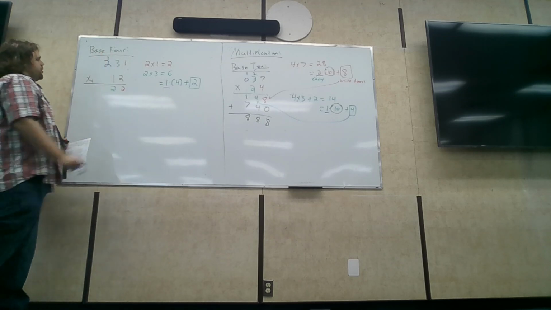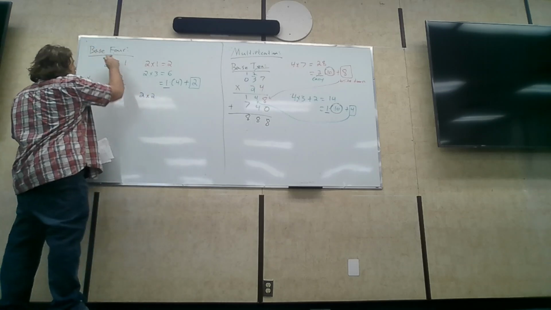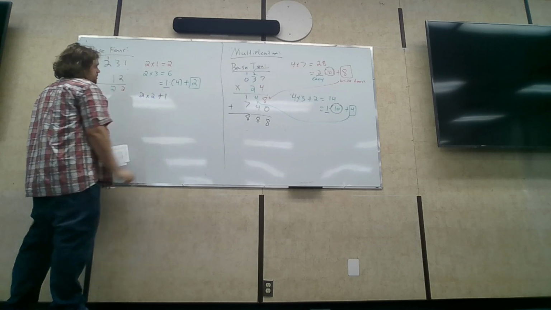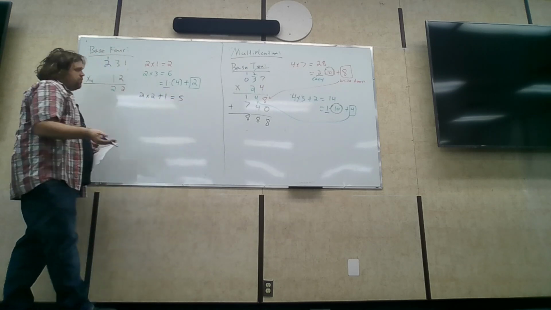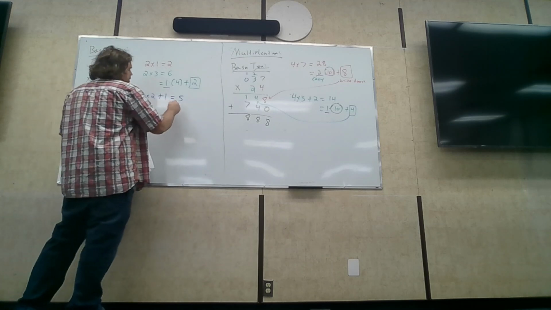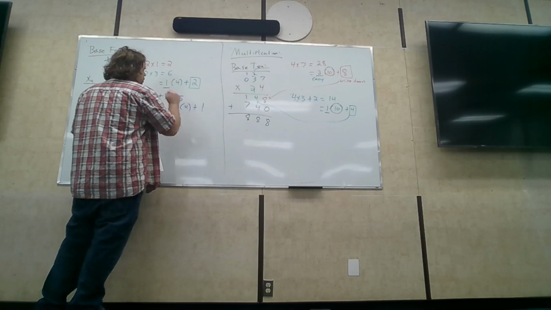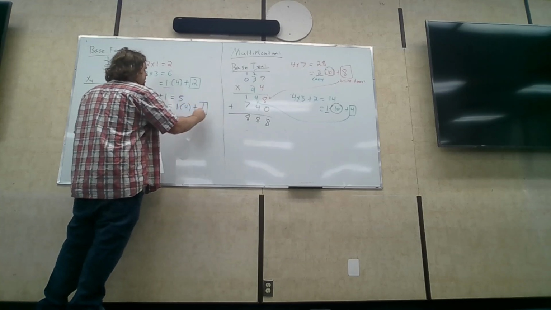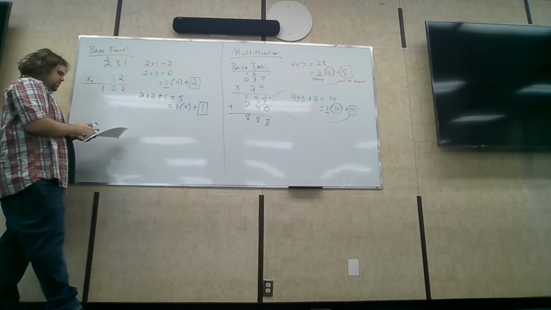We say, okay, now I do 2 times 2. With the 1 I carried over, we add it. So this is 5. Same thing now, right? We have 1 copy of 4 with 1 leftover. We write down the leftover, and we have another carry.